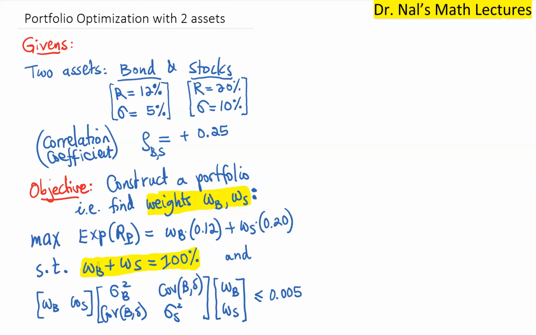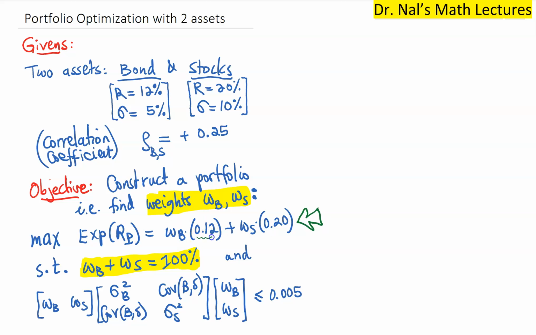However, we have a certain objective, and our objective is to maximize the expected return of the portfolio, which is given by this relationship. This is the objective function that we are maximizing, the expected return on the portfolio, which is basically the weighted average of returns.